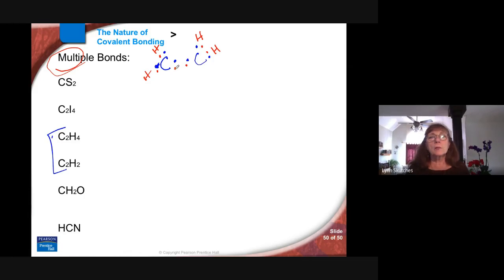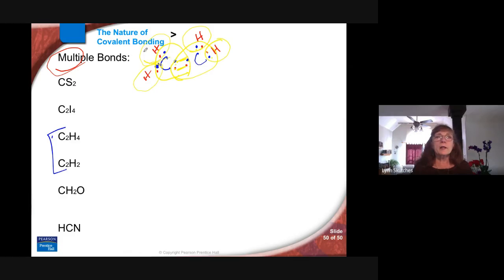Carbon has, this would be blue actually, 1, 2, 3, 4, plus 2, 1 from each of the hydrogens, plus 2 from the other carbon. It will get its octet, and each hydrogen gets its duet when there's a double bond. Okay, 2 for each of the hydrogens, 1, 2, 3, 4, 5, 6, 7, 8 when the carbons share 2.